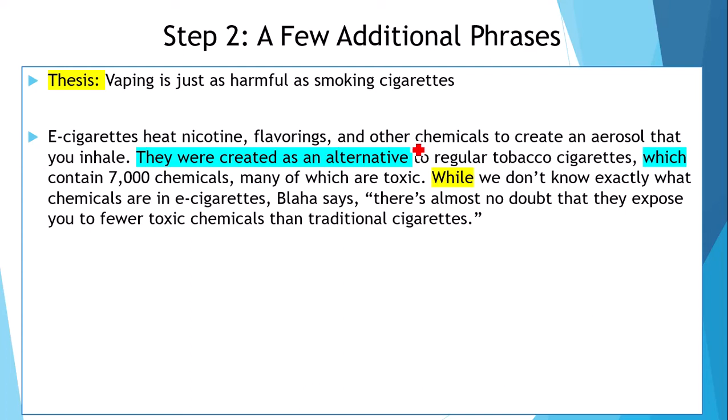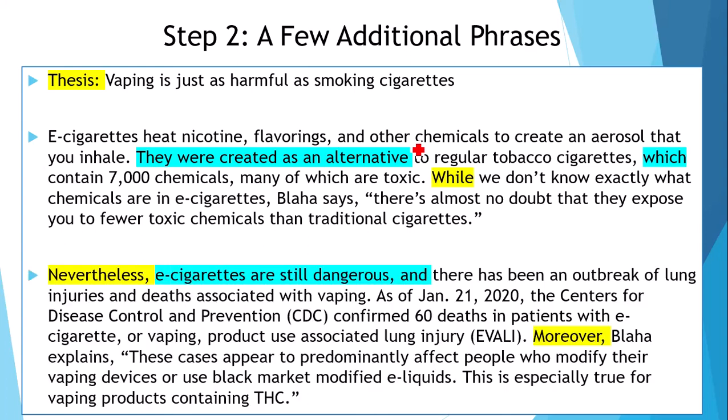But that phrase, they were created as an alternative, really helps clarify things. So, nevertheless, e-cigarettes are still dangerous, and there has been an outbreak of lung injuries and death. So, again, we had the word nevertheless to connect to the idea about having fewer toxic chemicals.